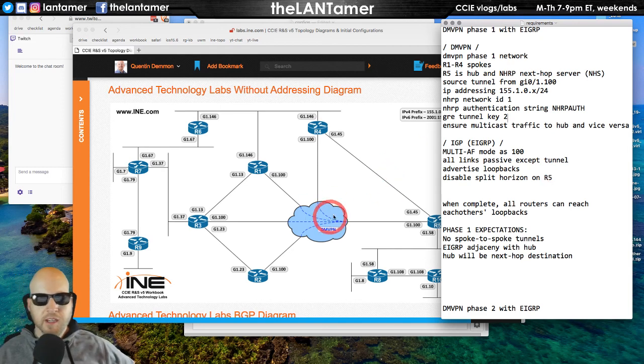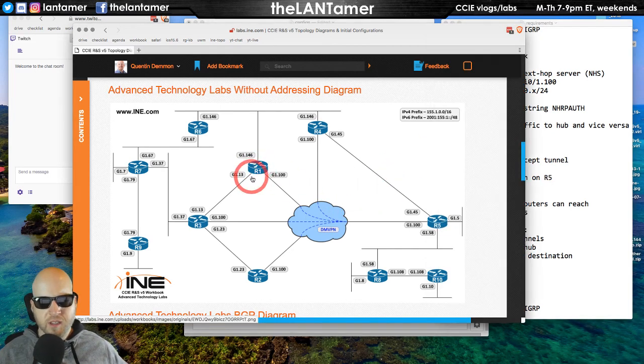So what's going to happen with the split horizon is Router 1, for example, is going to advertise its loopback, and Router 5 will receive it. In order for it to advertise that route to the other spokes, it has to have split horizon turned off. Otherwise, it would not send a route out of the interface it was learned on, if that is the interface for the next hop.